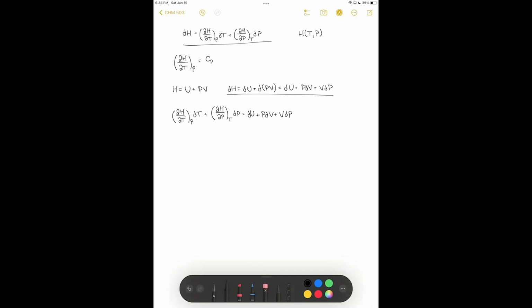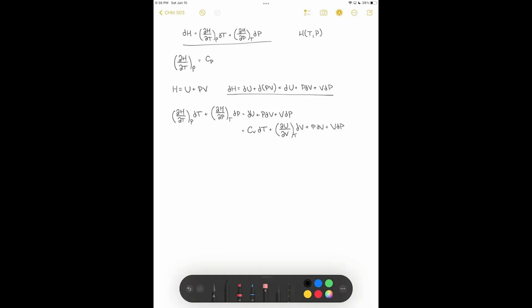We'll now substitute in the definition for dU that we came up with last time. So dU is equal to CV dT plus the partial derivative of internal energy with respect to volume at constant temperature dV, plus PdV plus VdP.